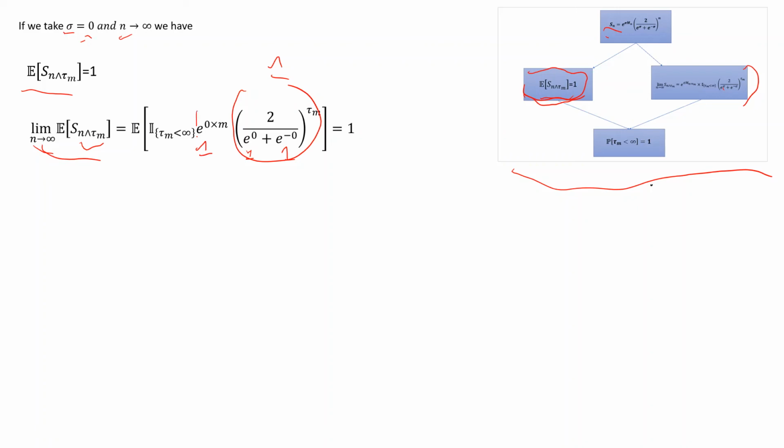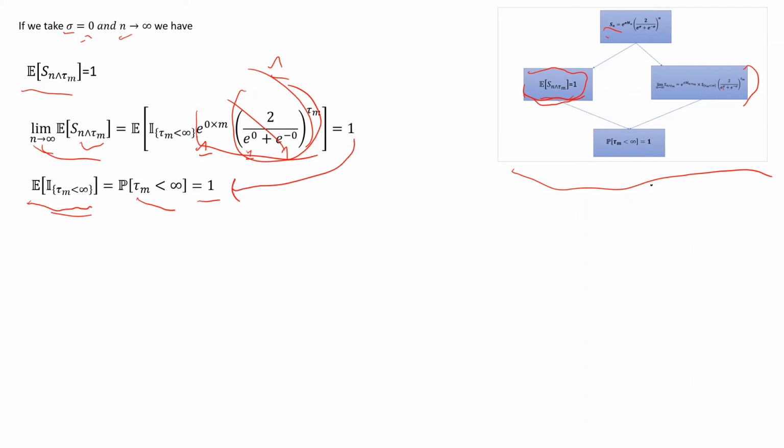So at the end of the day, what we have is just the expectation of the indicator function here. And by definition, this indicator function indicates whether we are in the event where tau m is less than infinity. And that's basically the probability that tau m is less than infinity. And we have shown that this thing here is just 1.